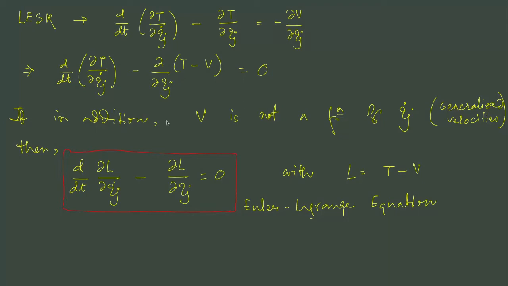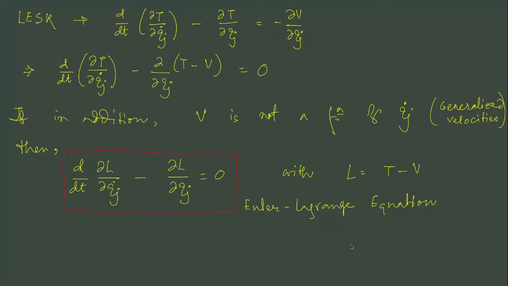In that case, we can replace this T by T minus V, since the derivative with respect to generalized velocity gives 0 for the V term. So we can define a quantity L, called the Lagrangian, which is T minus V, and with L we can write our final equation as d/dt of ∂L/∂q̇_j minus ∂L/∂q_j equal to 0. This is the celebrated Euler-Lagrange equation.